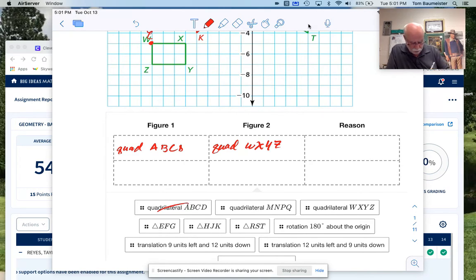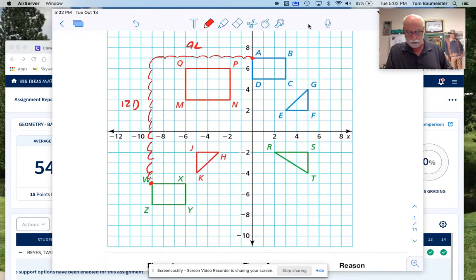We went 9 units left and 12 units down. All right, so kind of look at that as you're doing it. Look at what they gave you, all right? So let's see. Those are the 3 that I can cross out. All right, let's look at the next one.